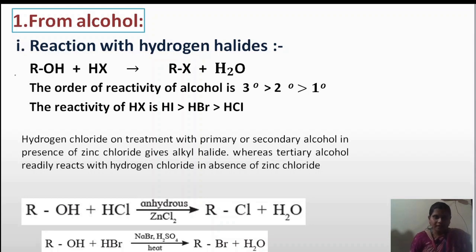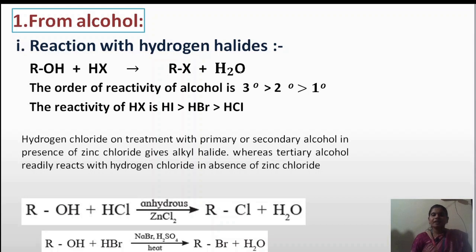Now in this reaction simply this OH is replaced by this halogen group. This R comes here and form RX, and H reacts with OH to form H2O. The order of reactivity of alcohol is tertiary is greater than secondary is greater than primary.